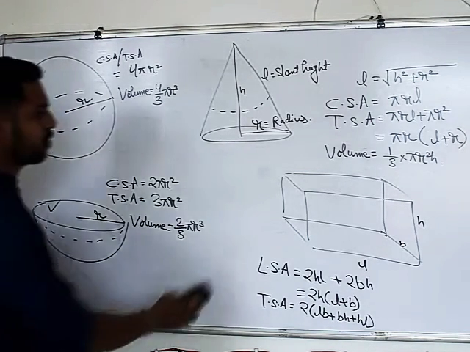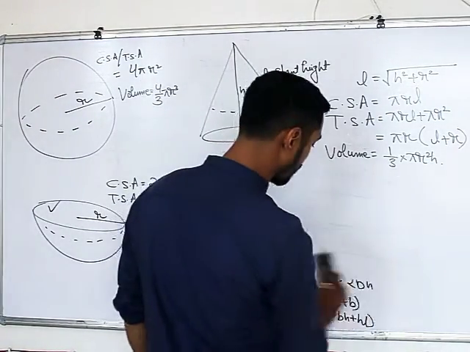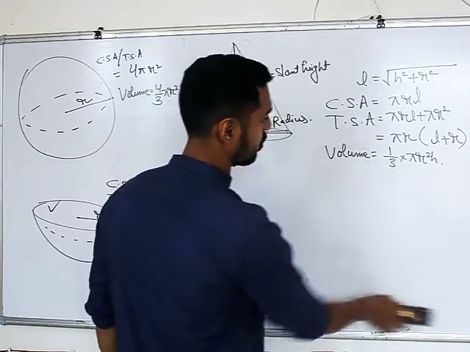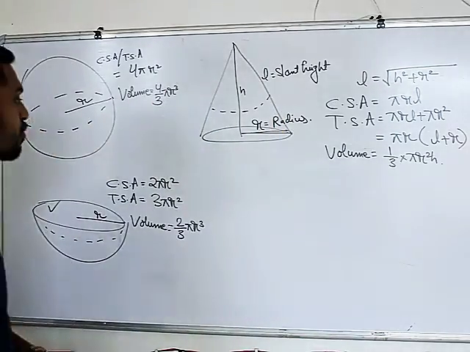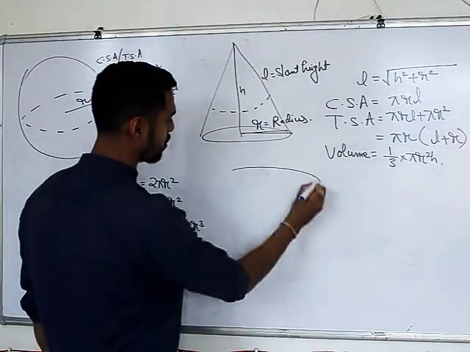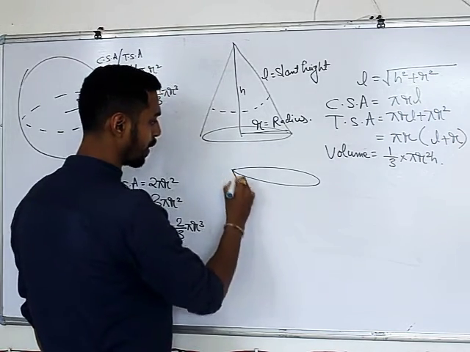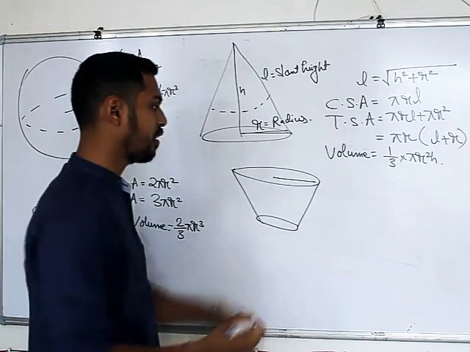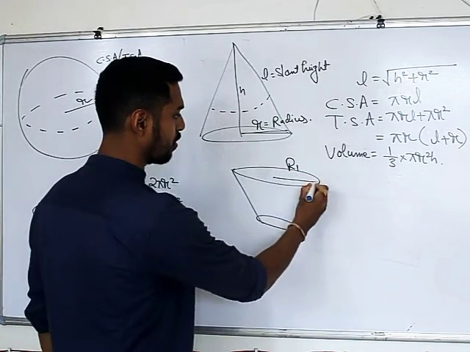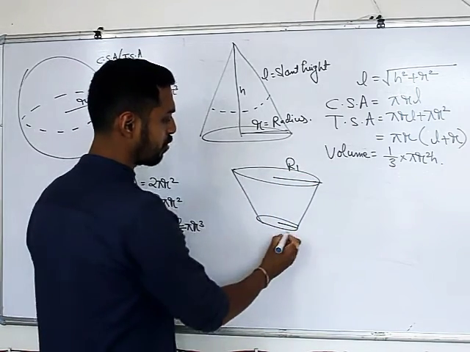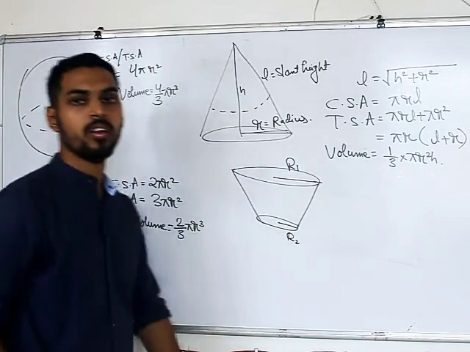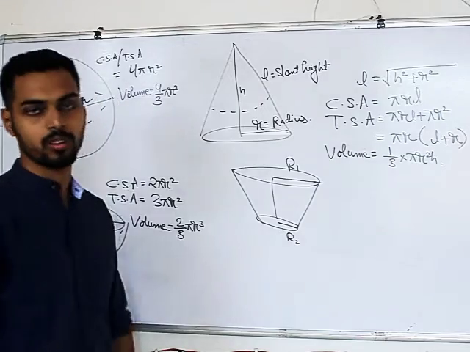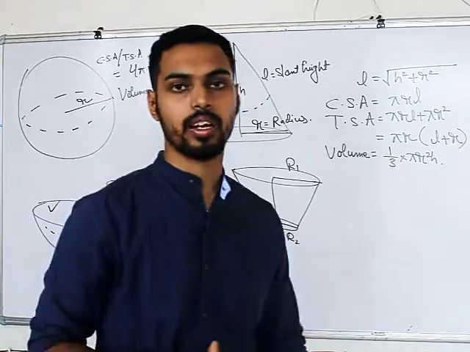After that, what is left? Frustum, right? So in frustum, just keep in mind that the larger radius will be considered as R1 and the smaller radius will be considered as R2. Some of the examples of this frustum are flower pot, glass, etc. Okay?